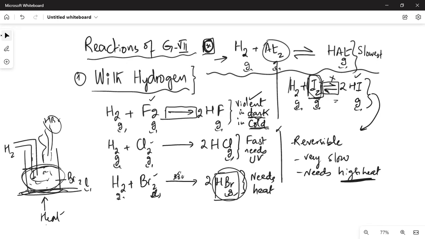We have not turned it into gas. I mean, if I carry out this reaction like this, H2 and Br2, और bromine को पहले मैं gas बना लूँ, तो फिर this reaction would be happening at room temperature because I've already converted bromine into gas, which has used all the activation energy required. तो हम उनको उनकी एक्चुअल रूम टेम्परेचर पे स्टेट में लेके रिएक्ट करवा रहे हैं.